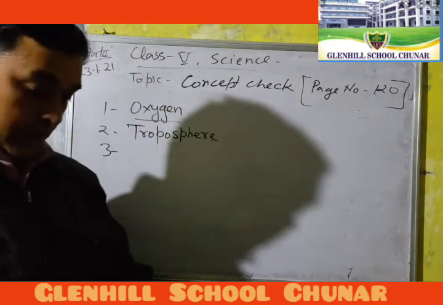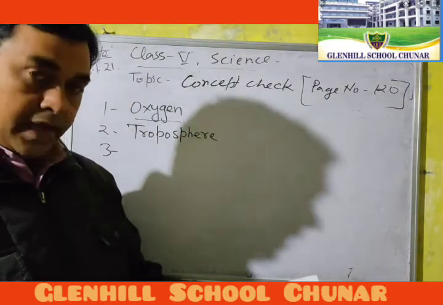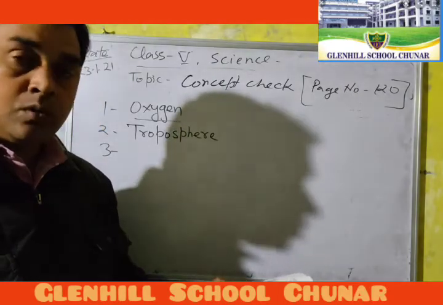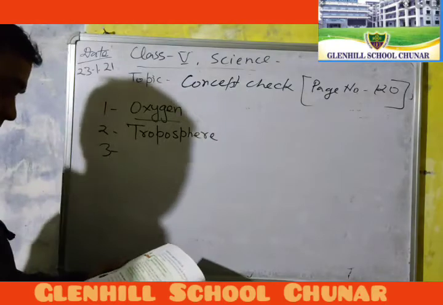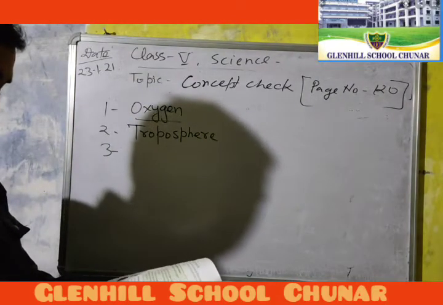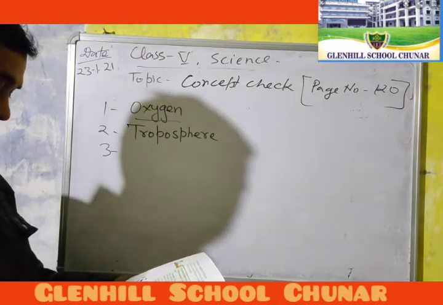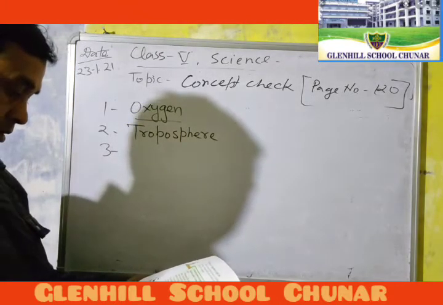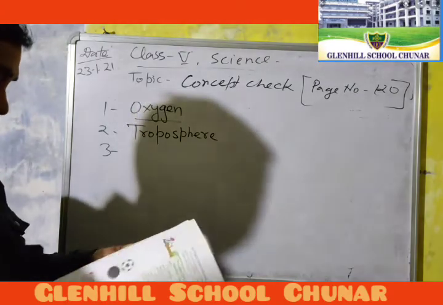Third, plants use dash to prepare their food. Plants use carbon dioxide to prepare their food. Write down.